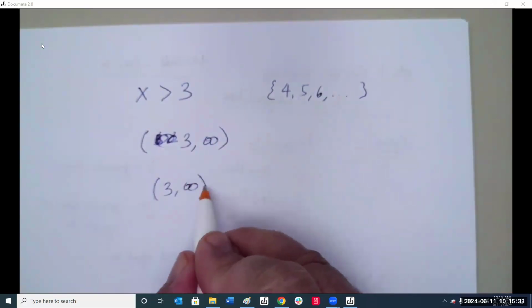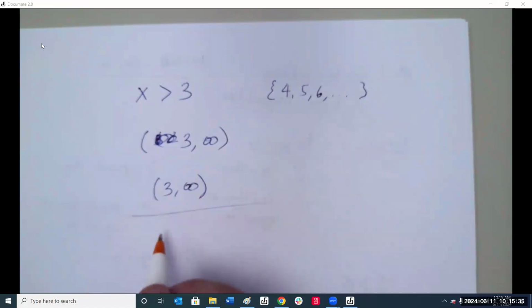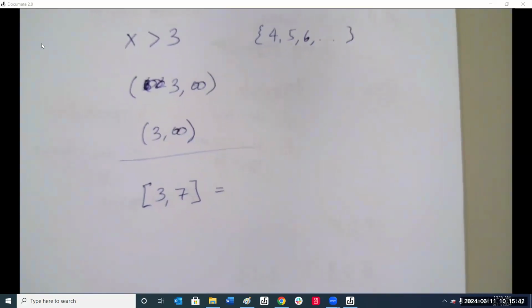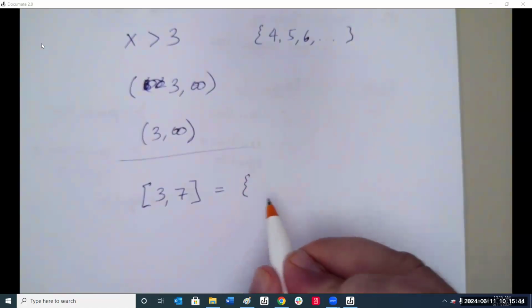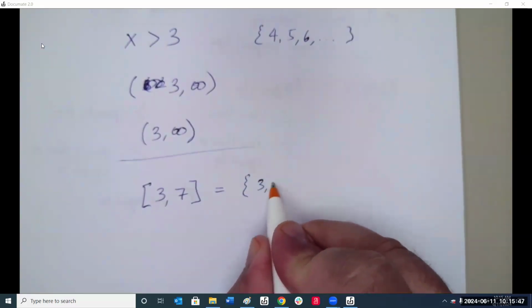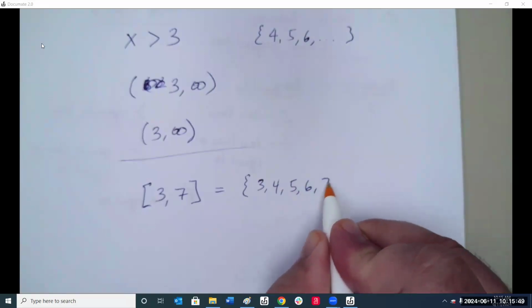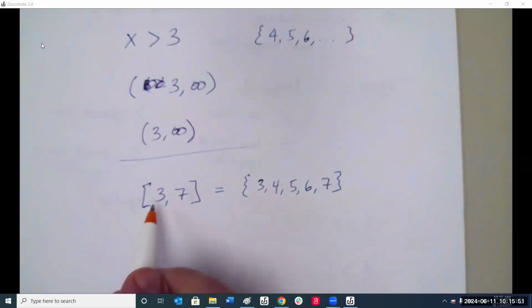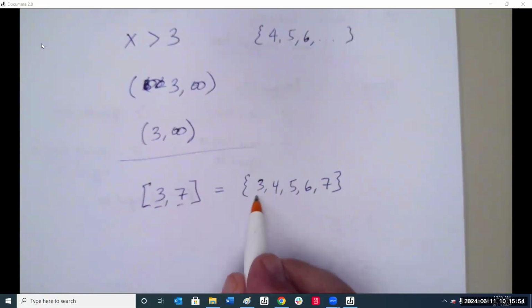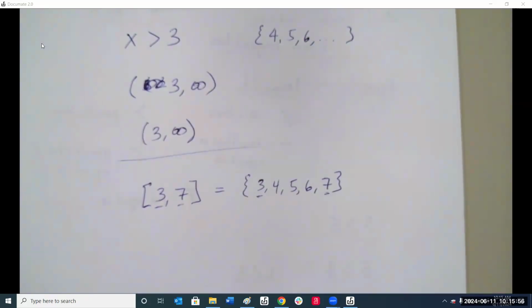That's what this means. You can't get to it. If I gave you this, what would my answer set look like? 3, 4, 5, 6, and 7. Because they're brackets, I can include those endpoints. On a graph, it would look like this.